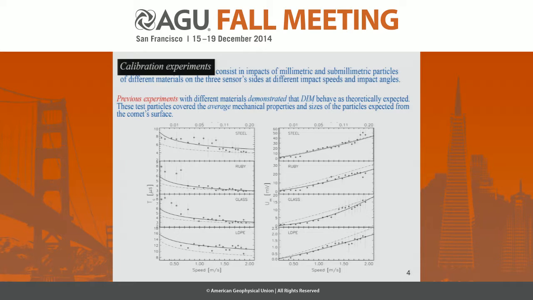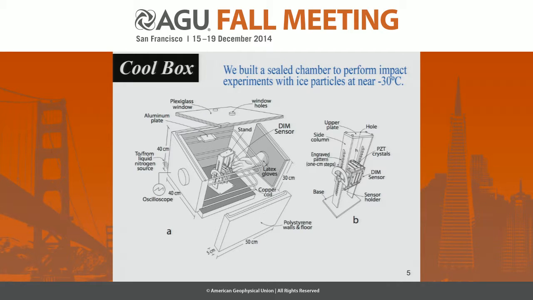In that plot, what you see is just a comparison of the experimental data and the expected theoretical data. The former experiments were done basically at room temperature, but we needed to drop the temperature. So we built a sealed chamber to perform experiments at minus 30 degrees Celsius, more or less.